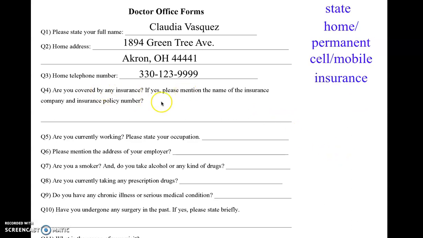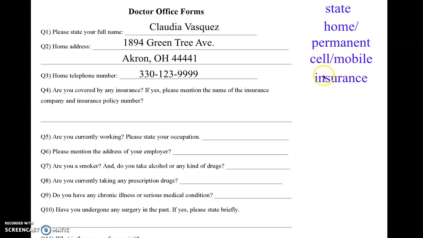Look at question four. So insurance, this is the big idea in this part. Notice there are two questions here. Insurance is the thing you have either from your job or you paid for it by yourself, or if you're young enough, your parents might have you as part of their insurance.